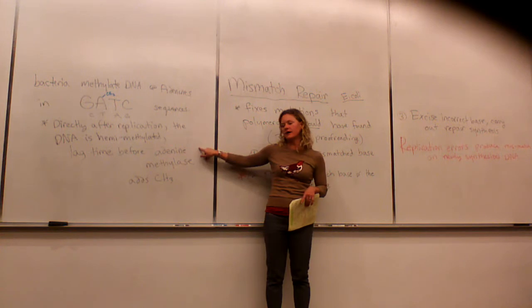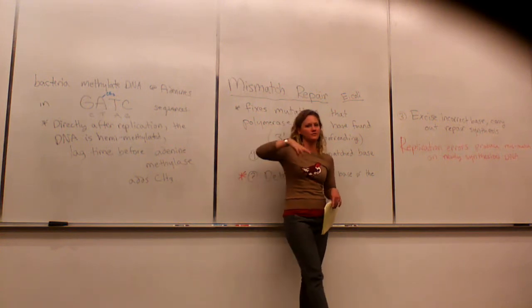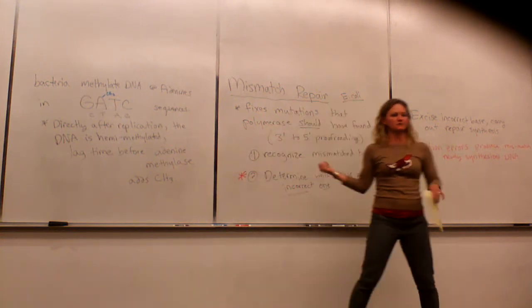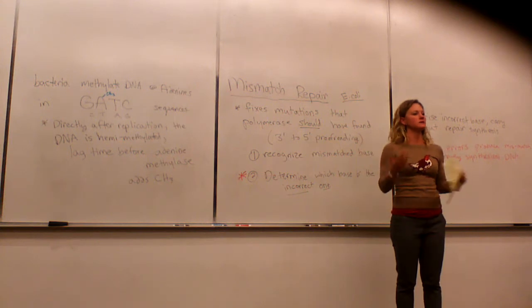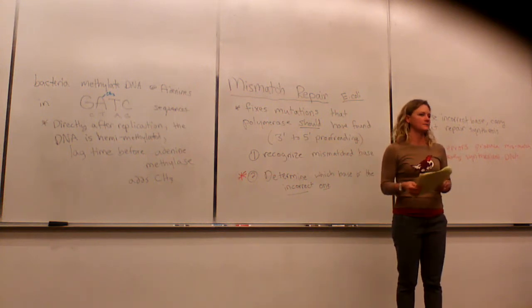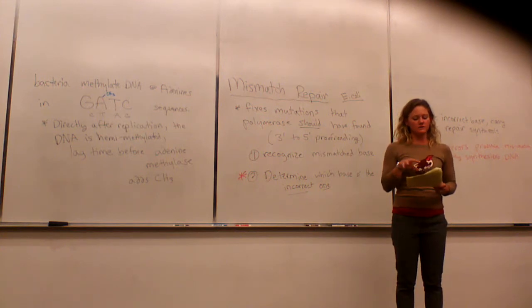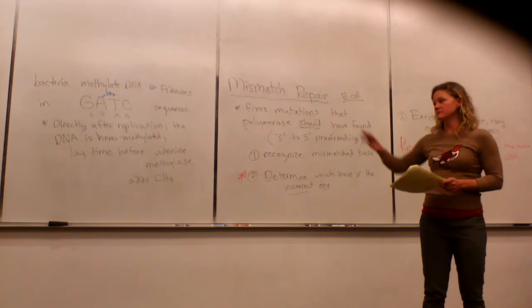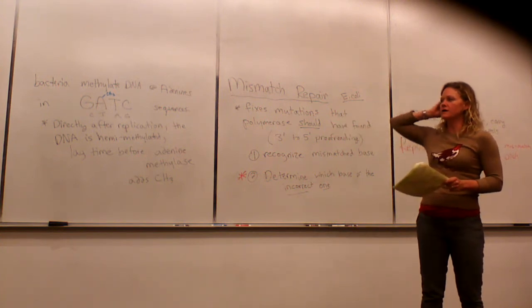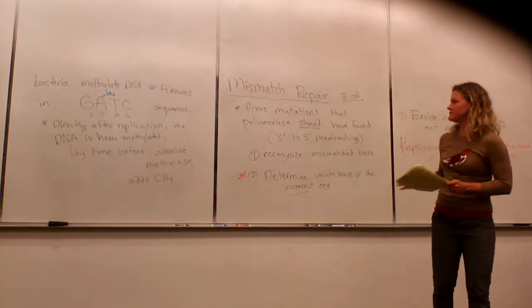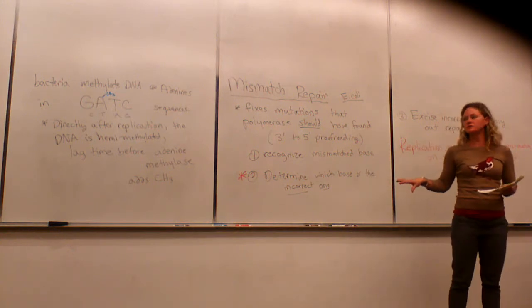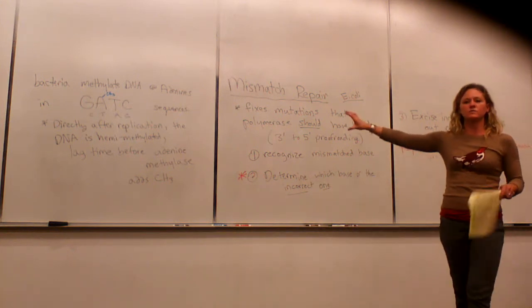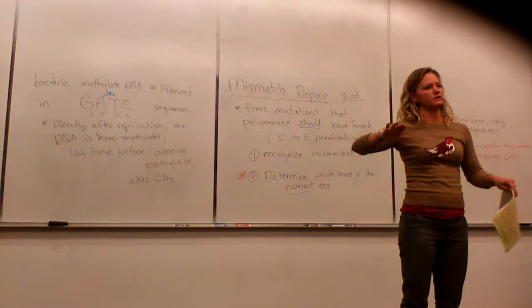Because instantly if adenine methylase comes in, starts adding methyl groups, then the mismatch repair system's kind of screwed in terms of telling which is different. So I want you to make a star in your notes. That's where we're going to come back to on Wednesday. We'll stop right here for tonight, and we'll come back and finish describing what mismatch repair is doing, using this way to distinguish between old and new strands.